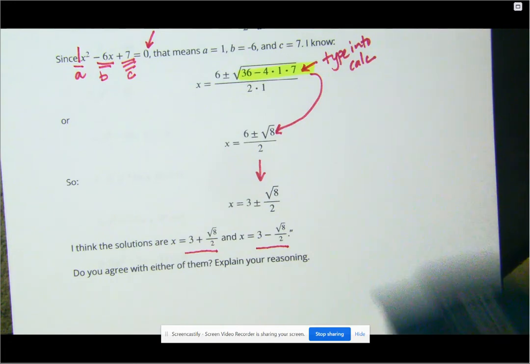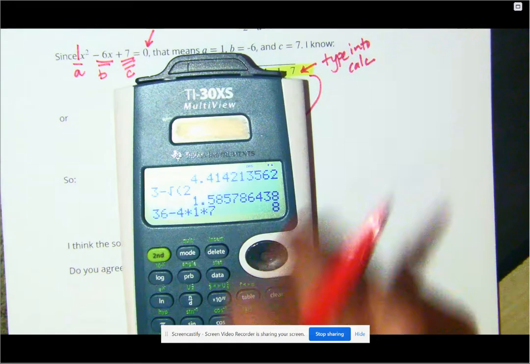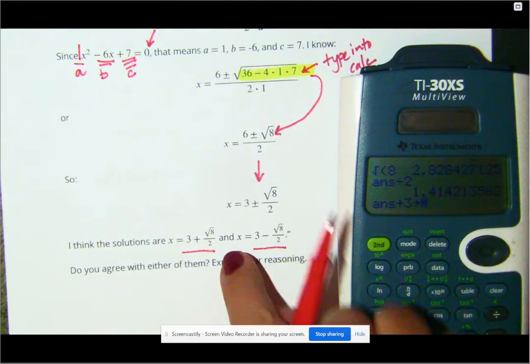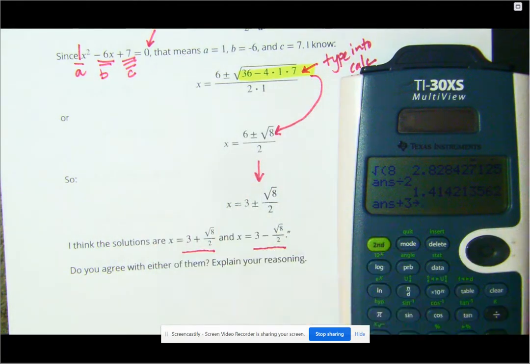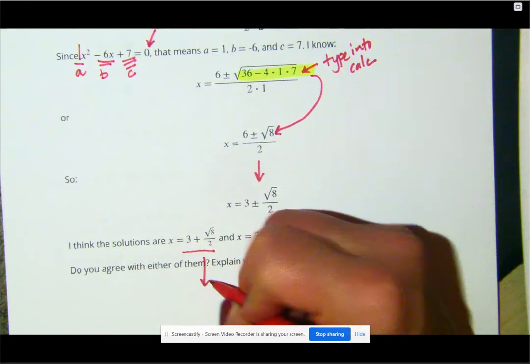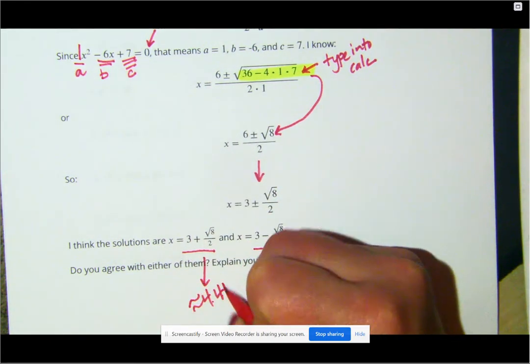But watch what happens. I'm going to type this into my calculator. Watch. The square root of 8 divided by 2 plus 3. I did this part first, and then I added 3. That says that is approximately, oh, I did something wrong. 4.41. That's the same as Elena on the other side.